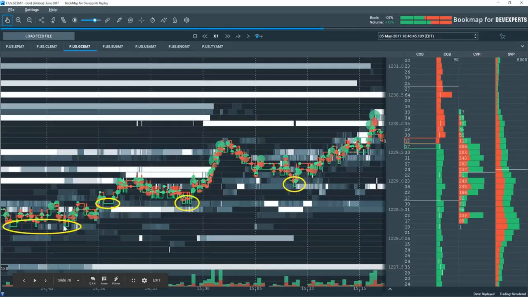We have 1, 2, 3, 4 basically tests here into this price level in gold, and no selling. Okay, so we rotate back up and we actually sweep the book one higher. We get a minor pullback here, and you can see there's no one interested in selling. Okay, the sellers are out of the market basically.